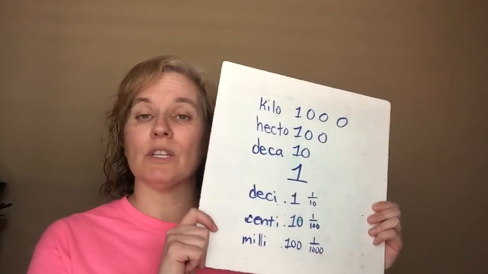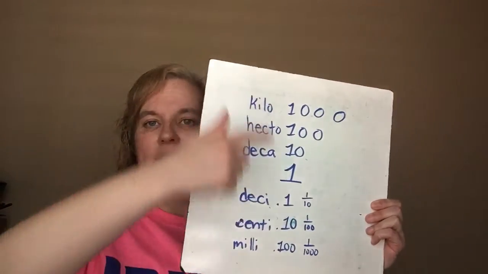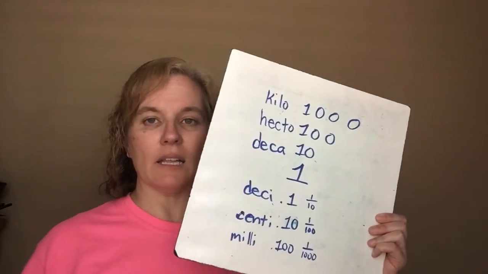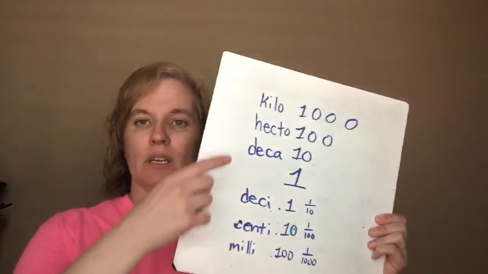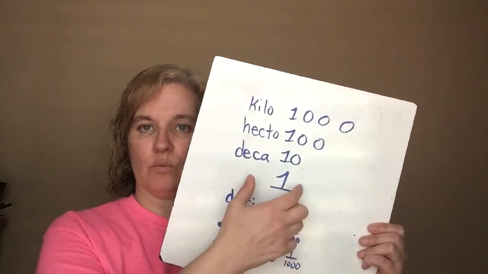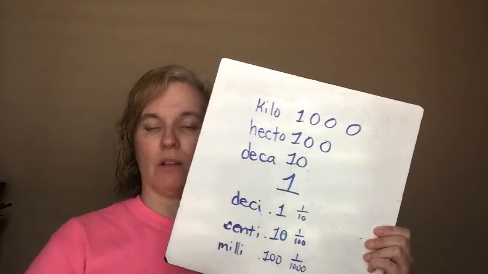And those measurements that you learned when you did meters still hold true. If it's 1 deciliter or 1 deciliter, deciliter is bigger. This is your 1. It gets bigger as it goes up, smaller as it goes down. That's all you have to know about it for your lesson today.